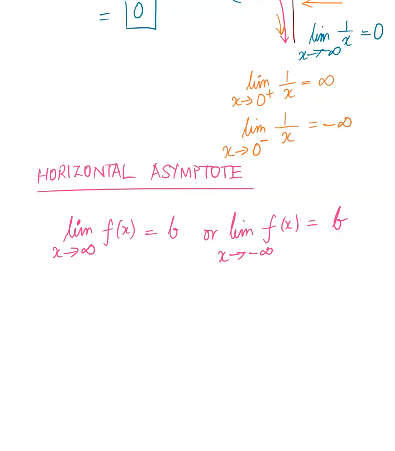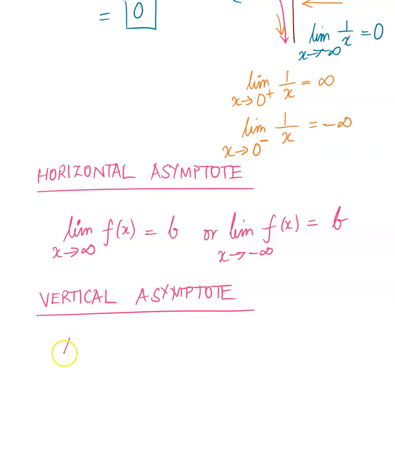And when we talk about the vertical asymptote, a vertical asymptote is present when your denominator becomes 0. So the definition for vertical asymptote would be the other way around. The equation of a vertical line is x equals a.